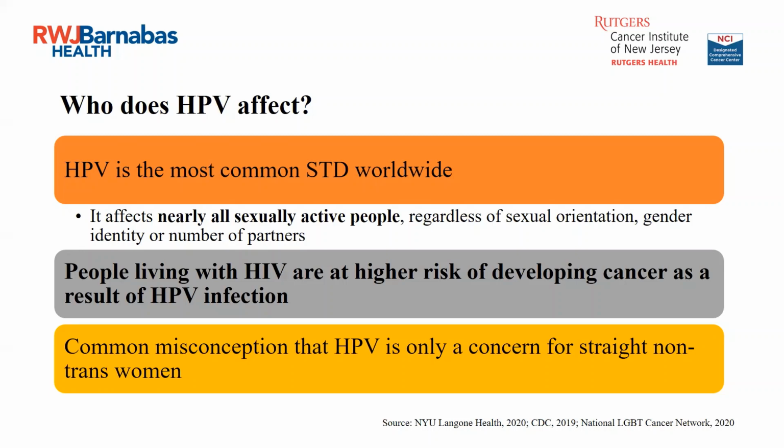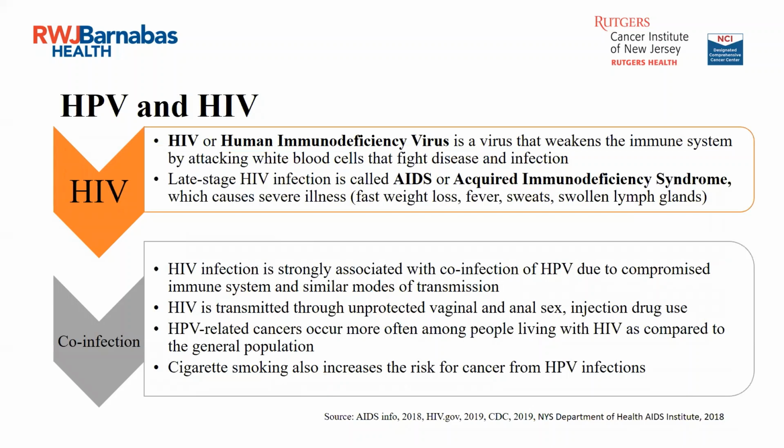As I will discuss next, people with HIV are at high risk of developing cancer as a result of HPV infection. HIV stands for human immunodeficiency virus. It's a virus that weakens the immune system by attacking white blood cells that fight disease and infection. HIV and HPV are strongly associated because they're passed in similar ways.